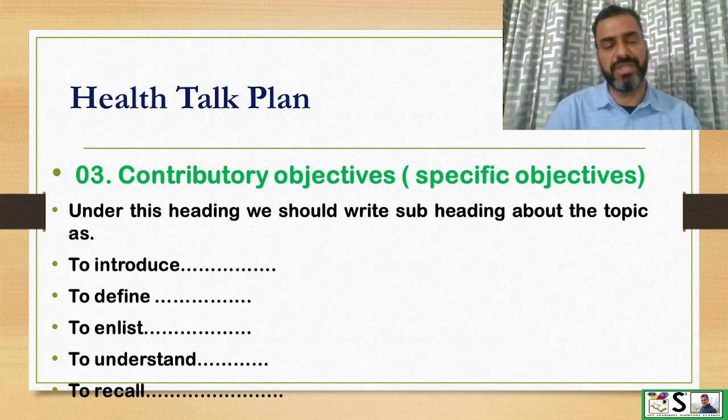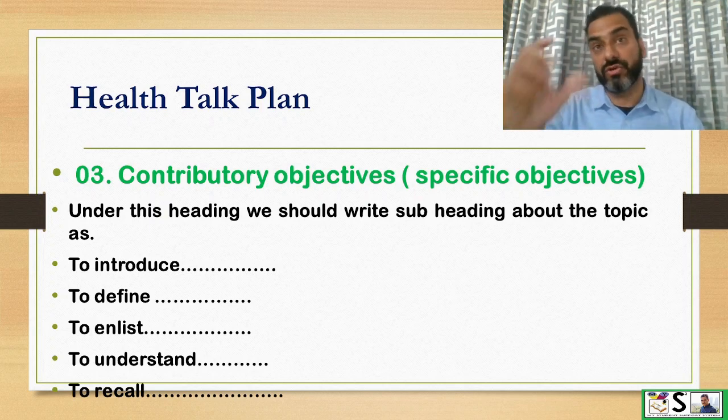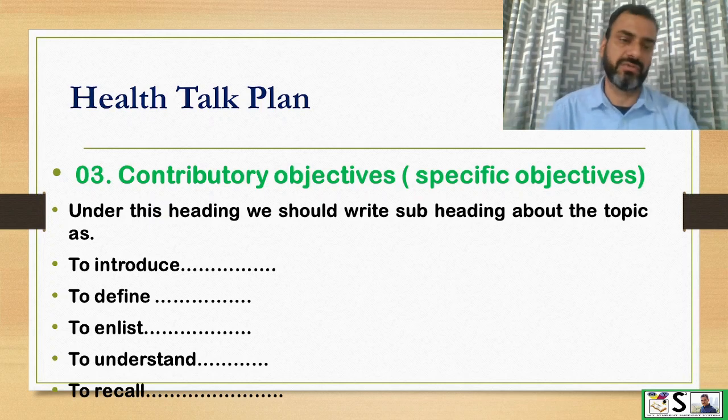So there may be many to enlist, and for explanations you can write to understand, and if you are going to ask some questions, then you can write to recall. The group will be able to recall. Okay, in this way we can write contributory objectives.